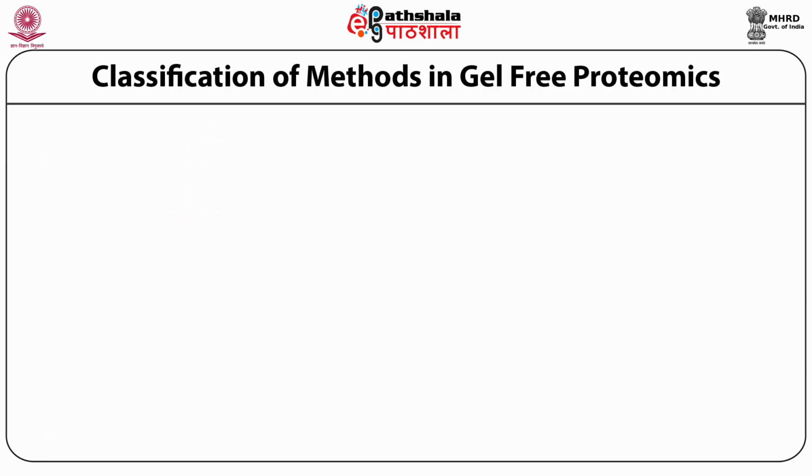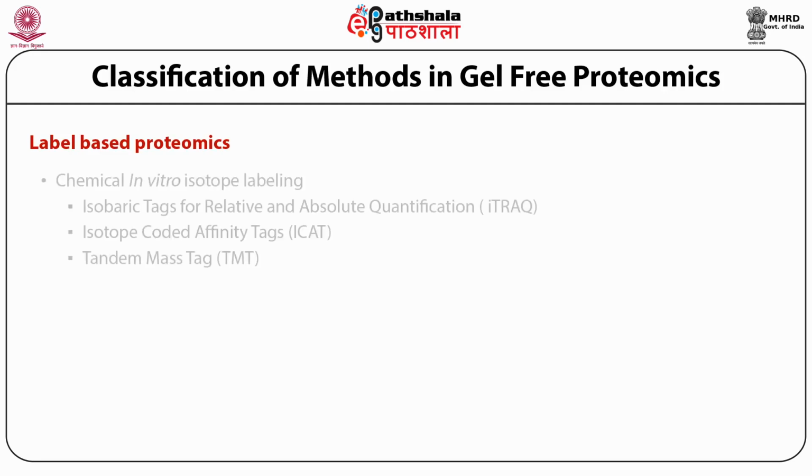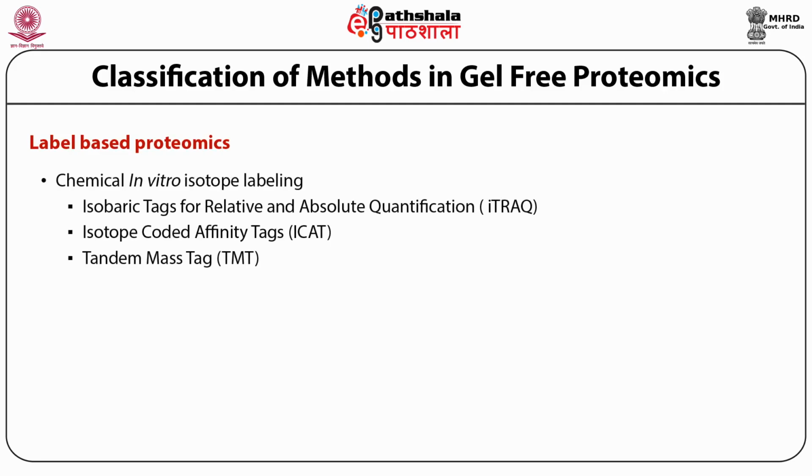Classification of methods in gel-free proteomics. First, we have label-based proteomics. Under this, we have chemical in vitro isotope labeling, which comprises iTRAQ, isobaric tags for relative and absolute quantification, ICAT, isotope coded affinity tags, and TMT, tandem mass tag.